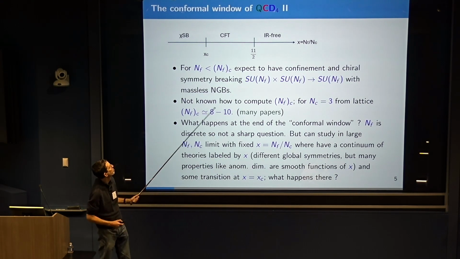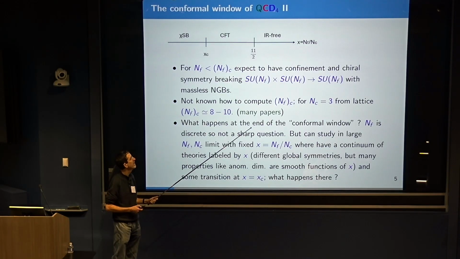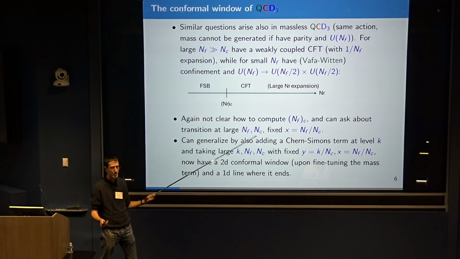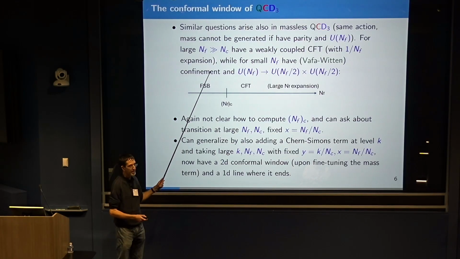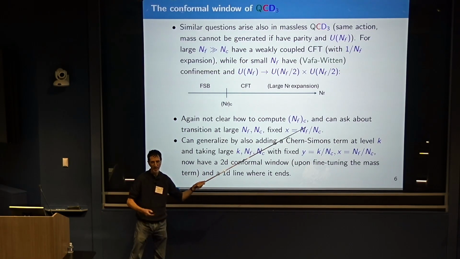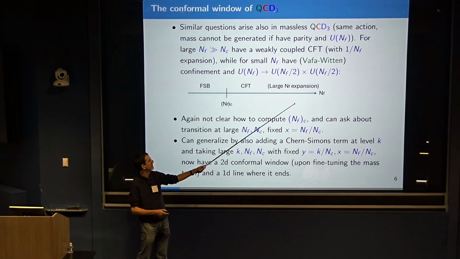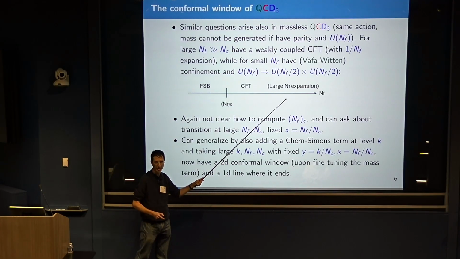So of course, we're particularly interested in this question for 3+1 dimensional QCD, but similar questions occur also in many other theories. For example, in 2+1 dimensional QCD, there's also a similar story. In that case, N_F could be as large as we want, and if N_F becomes very large, then again, we have a weakly coupled conformal theory that's controlled in this case not by perturbation theory, but by the expansion in a large number of flavors.